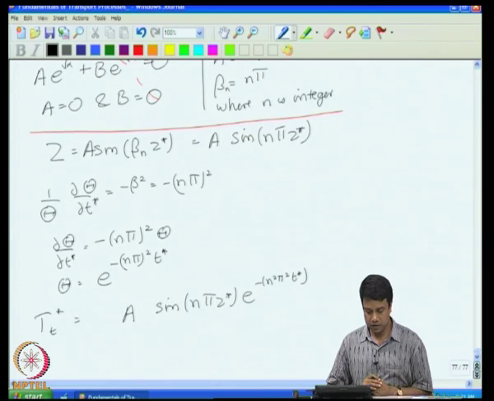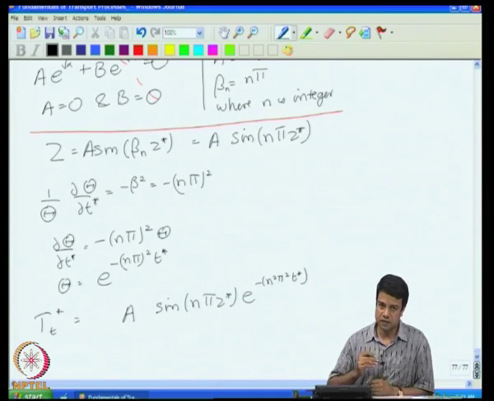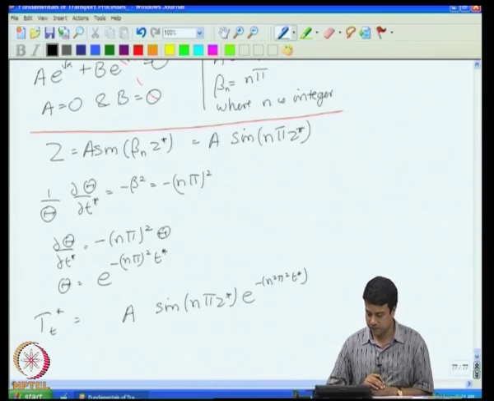So, this satisfies the differential equation and the boundary conditions if n is equal to 0, 1, 2, 3, etc. So, no matter what the value of n, this form of the solution satisfies the boundary condition, as well as the differential equation. We still have not imposed the initial condition. We will come back to how to impose that a little later. But this is one particular solution of the differential equation which satisfies both boundary conditions.